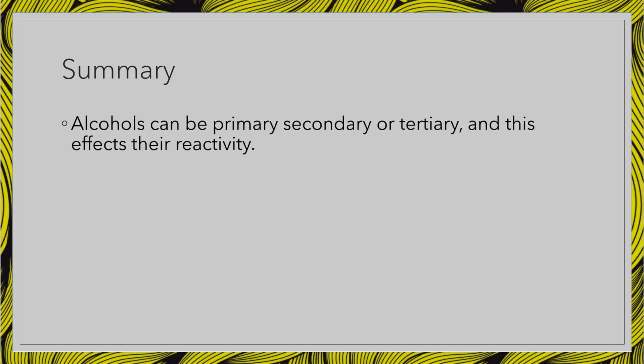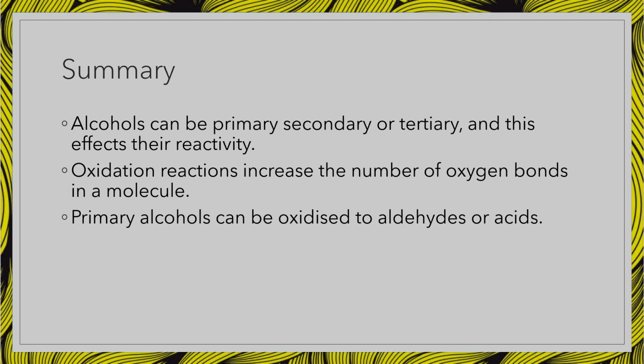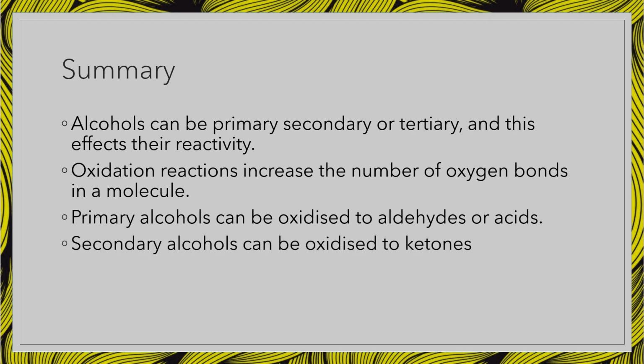So in summary, alcohols can be primary, secondary, or tertiary, and this affects their reactivity. Oxidation reactions increase the number of oxygen bonds in a molecule, typically around where other oxygen is already present. Primary alcohols can be oxidized to aldehydes or acids, with PCC and PDC giving us the aldehyde, or potassium permanganate or potassium dichromate giving us the acid.